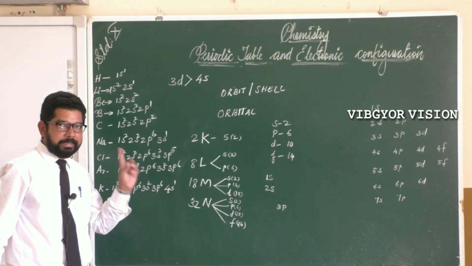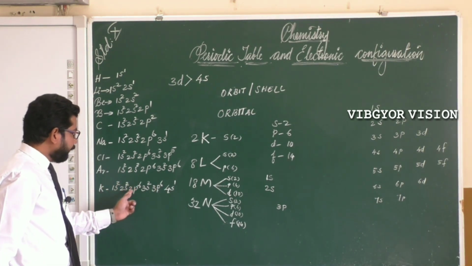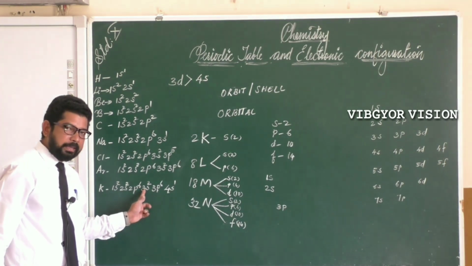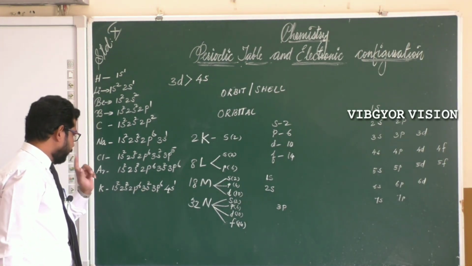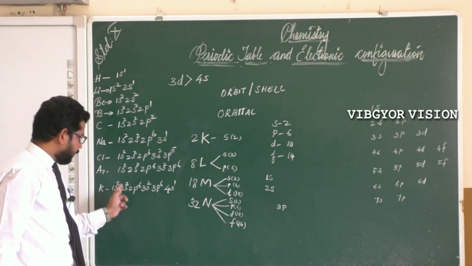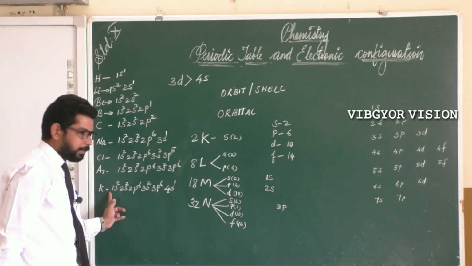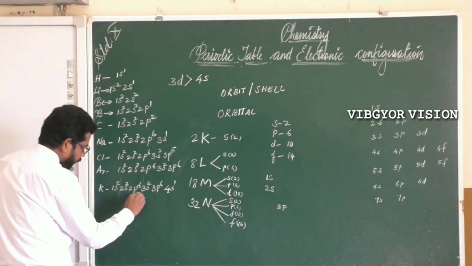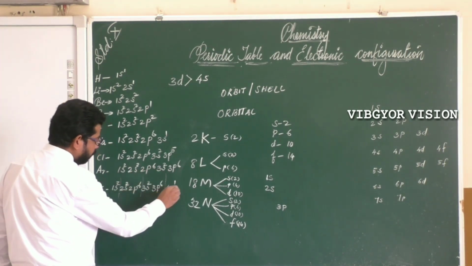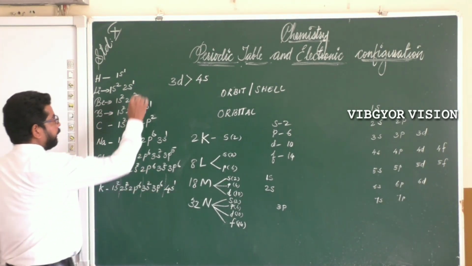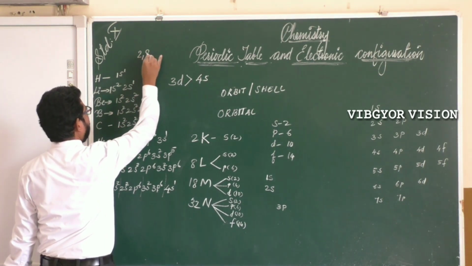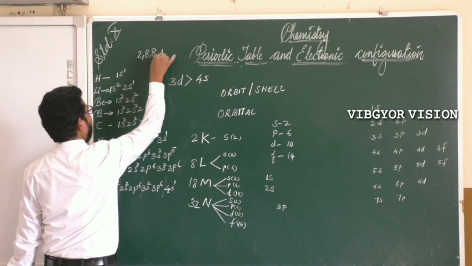N shell. 3 is the M shell, 2 is the L shell, and 1 is the K shell. So let us see, 2, 8, 8, 1.